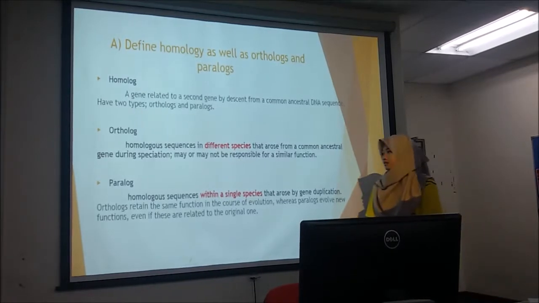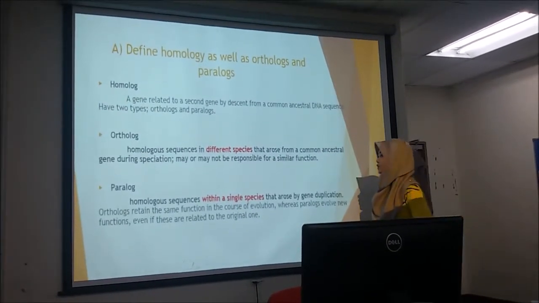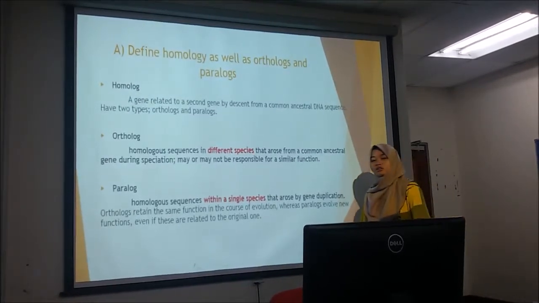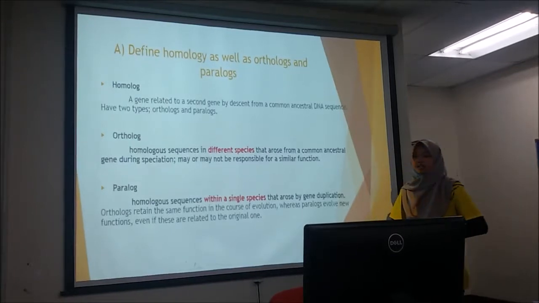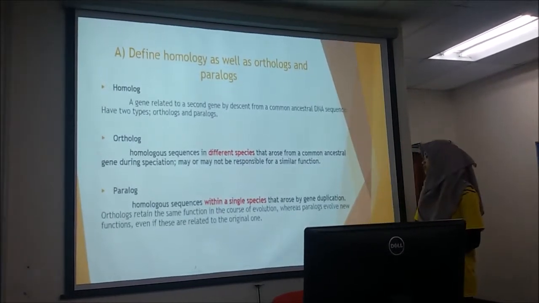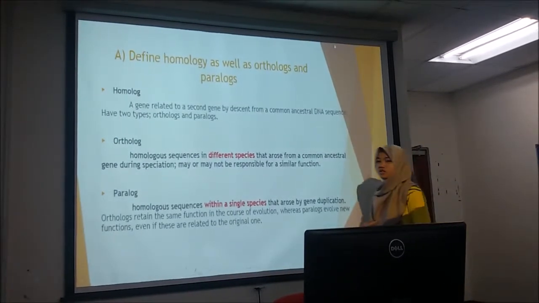And paralogs are homologous sequences within a single species that arose by gene duplication. Orthologs retain the same function in the course of evolution, whereas paralogs evolve new functions even if these are related to the original one.